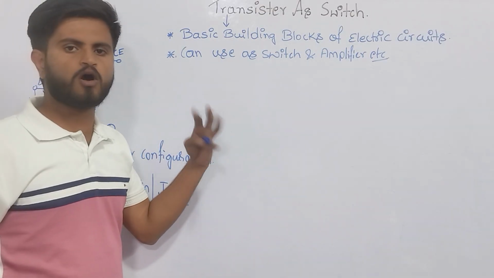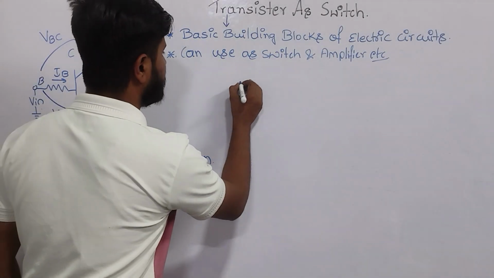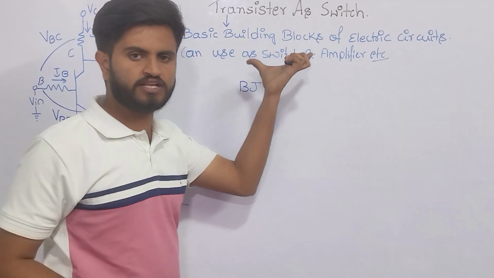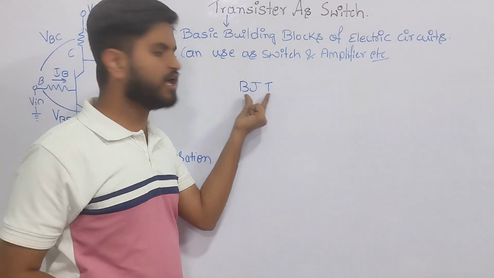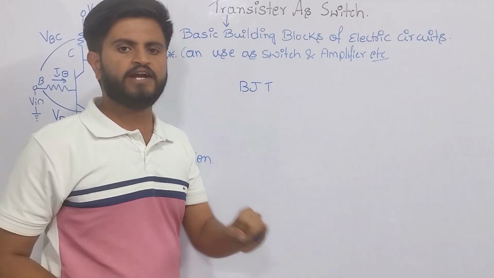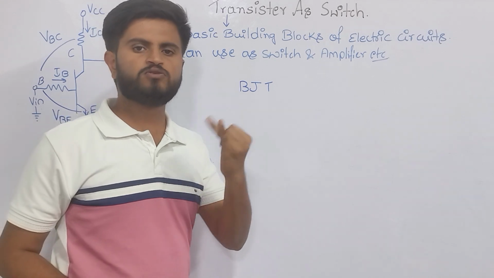Now to discuss the operation, how the transistor works as a switch, we will be using the bipolar junction transistor. It is the advanced one among transistors. Bipolar means it uses both electrons and holes to conduct.